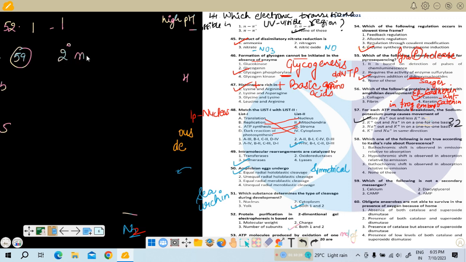This is from cell signaling, GPCR, G protein coupled receptor.